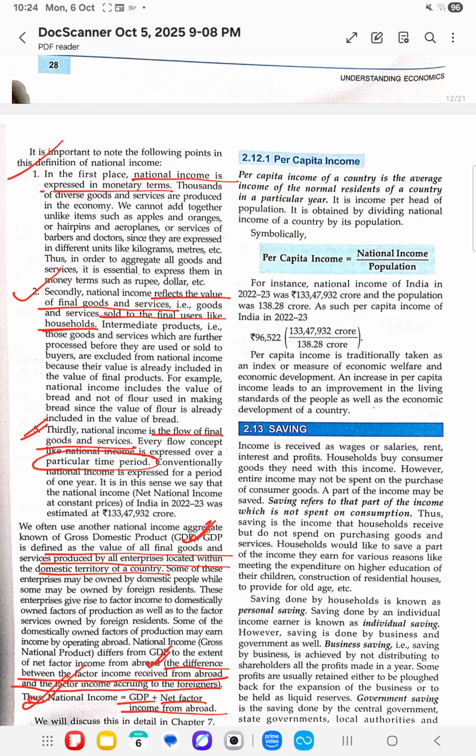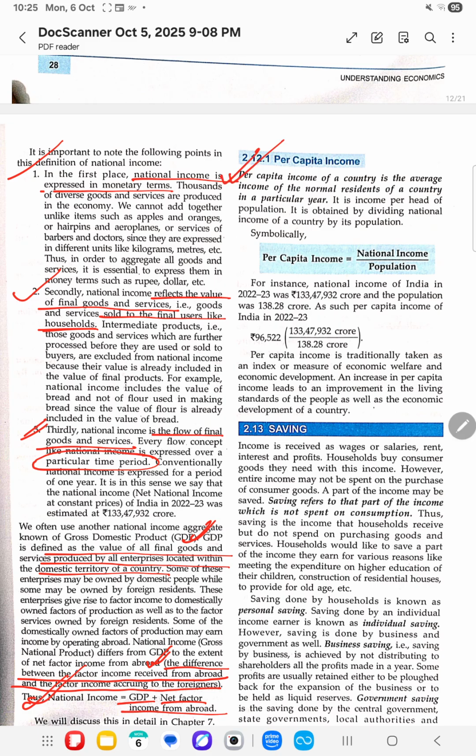They take away the money to their country. So after subtracting what is coming minus what is going out, we get net factor income from abroad. Okay, so national income is equal to GDP plus net factor income from abroad. So the GDP does not include all these, so hence we have to add them to get national income.